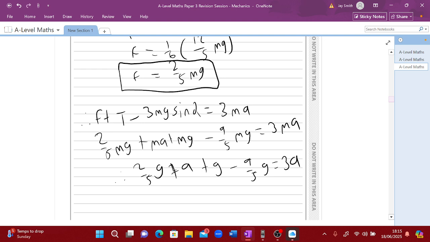And then I can move the a to the other side to say 2a is going to equal 2/5 of g add another g minus 9/5 of g to get minus 2/5. And that's about the negative we talked about earlier. I was expecting the negative. So that means a is simply going to be 2/5 divided by 2.